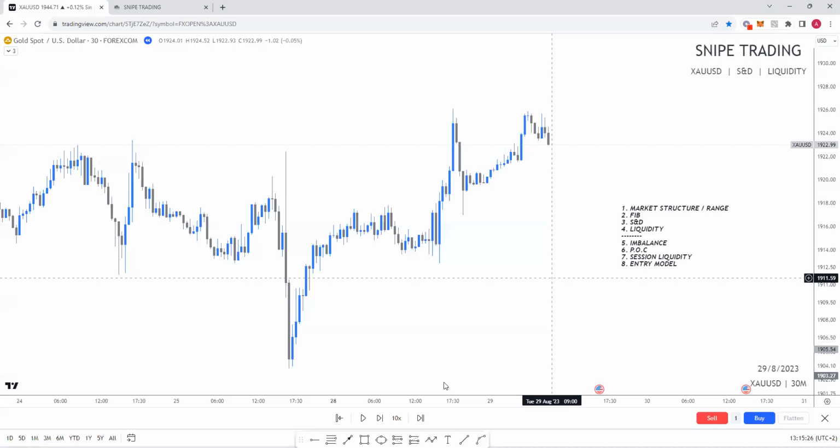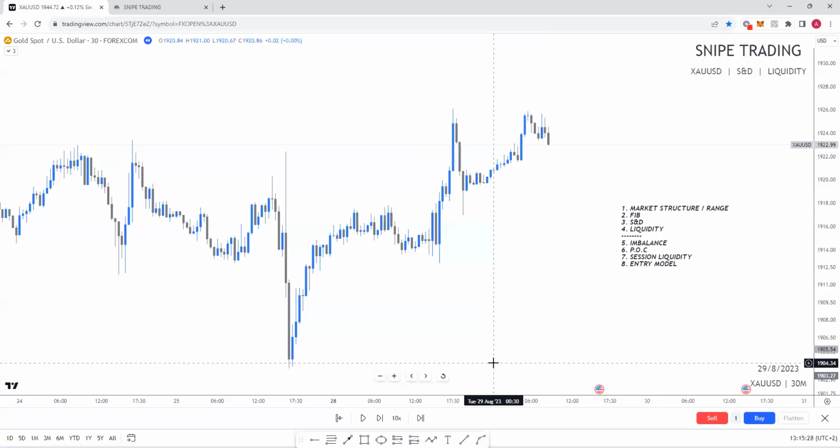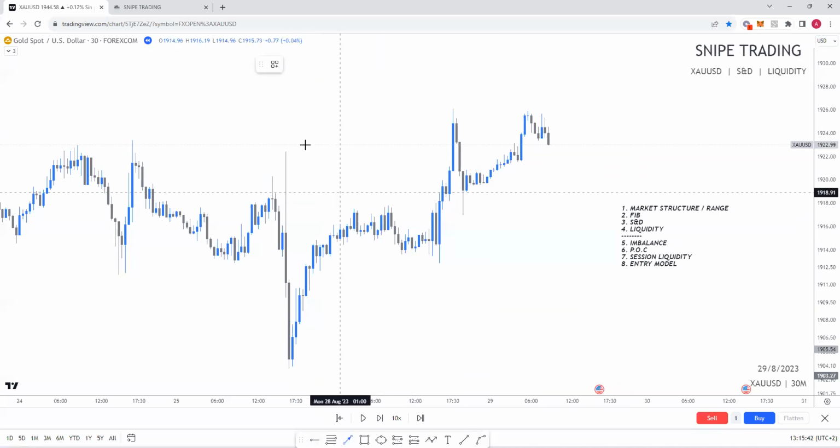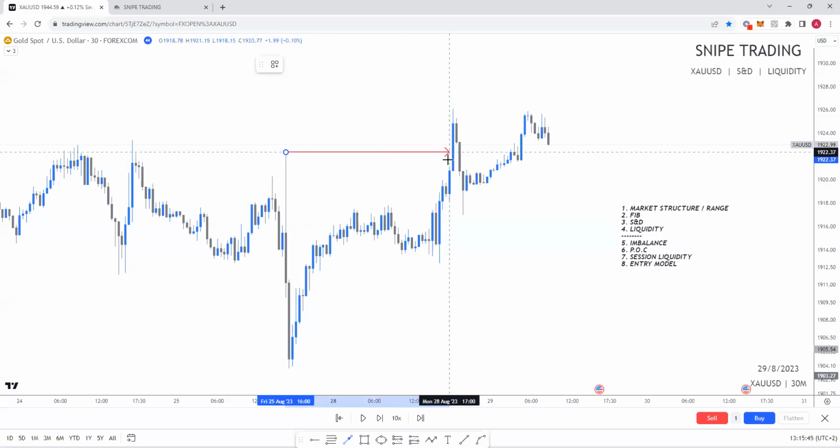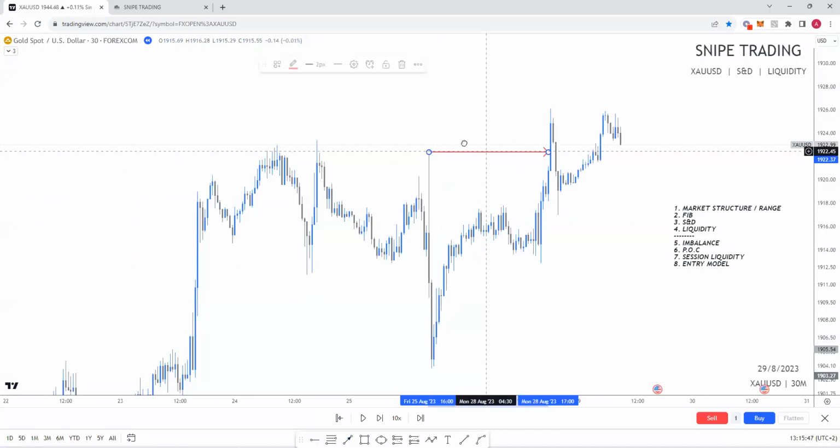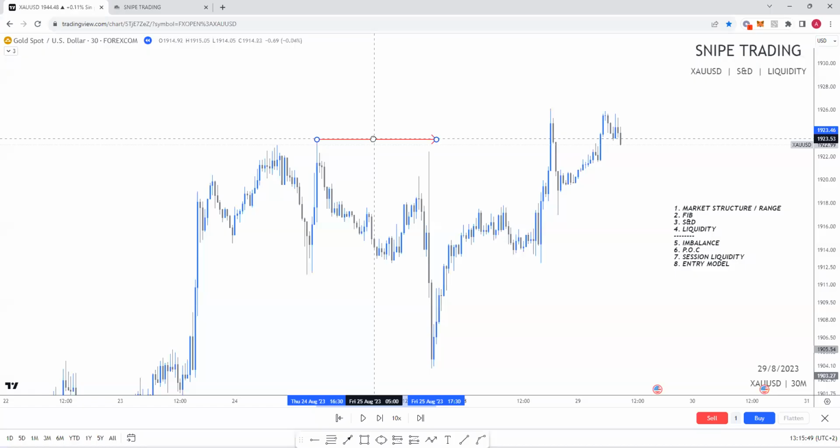Obviously, I'm going to go ahead and break down the setup as I did when I was analyzing the chart. On the 30-minute time frame, which is the time frame I'm on right now, market structure: price broke this high right here, or let's use this one actually, which was the last high.